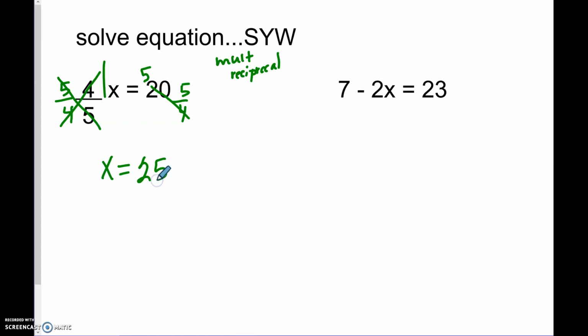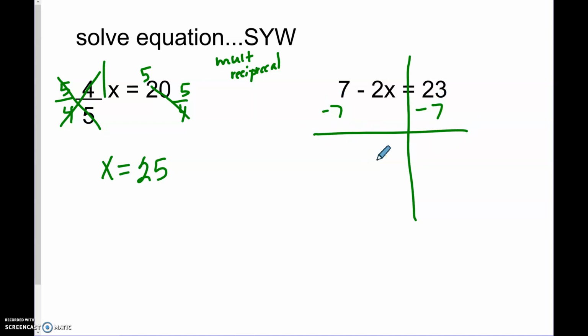All right, the next problem that we see here is a two-step equation. So we have to move the 7 and the -2, and we are going to move the 7 first. And because that is a +7, we are going to subtract 7 on both sides.